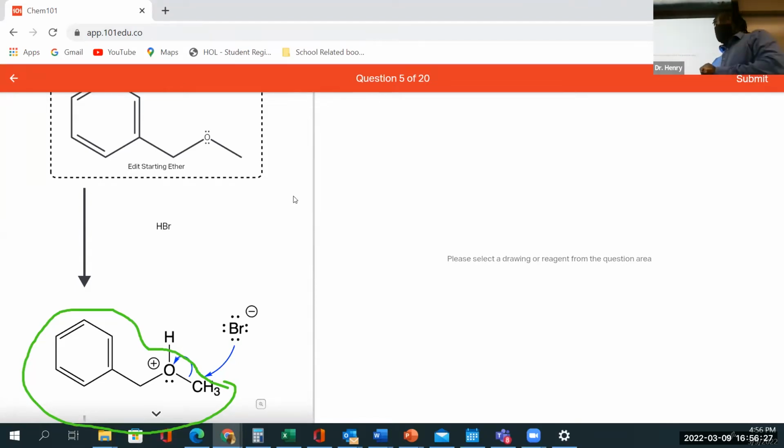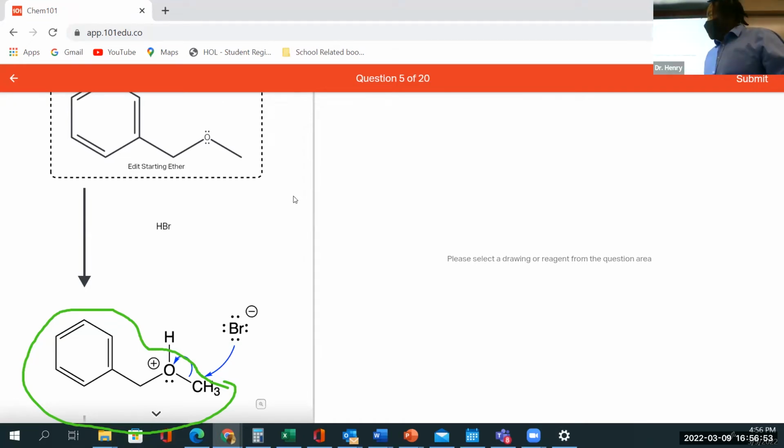Is it going to be coming from the bromide? But how do you get to the bromide? How do we separate that? Look where the plus is at. Off of the oxygen, off of the what? Which molecule is it coming from?